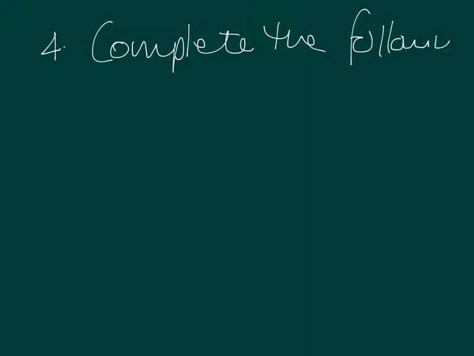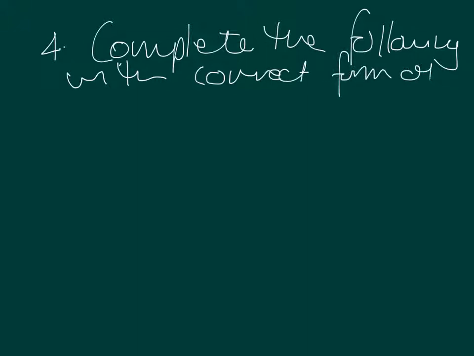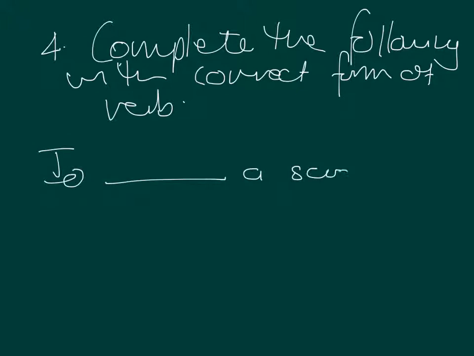Question 4, complete the following sentences with the correct form of the verb again. So, it could be something like io a scuola alle 7.